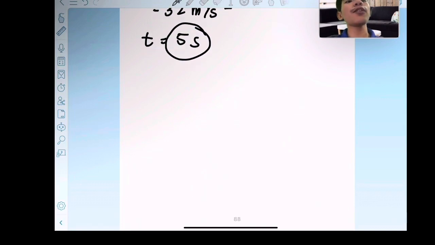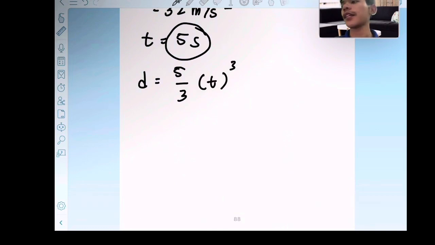We have got the distance equation, which is d equals 5 over 3 times t cubed, plus t squared.